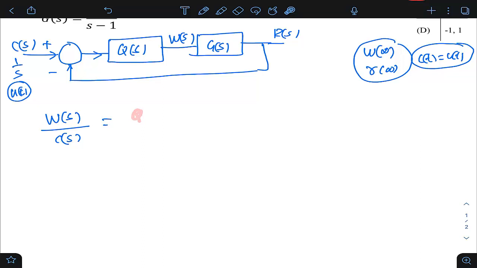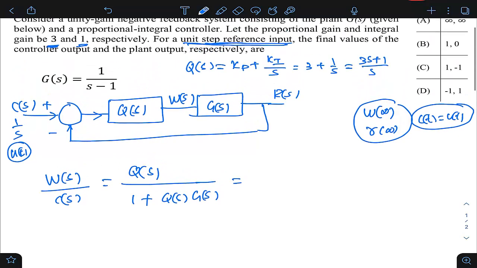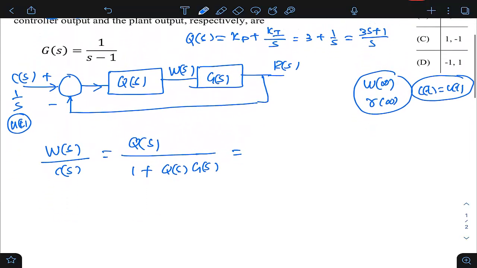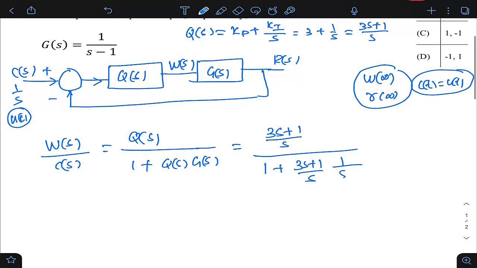So W of S by C of S, how much will this be? This is Q of S whole divided by 1 plus Q of S multiplied by G of S. Q of S divided by 1 plus Q of S G of S. What is Q of S? Q of S is (3S plus 1) by S, and 1 plus Q of S G of S is 1 plus (3S plus 1) by S multiplied by G of S, which is 1 by (S minus 1).